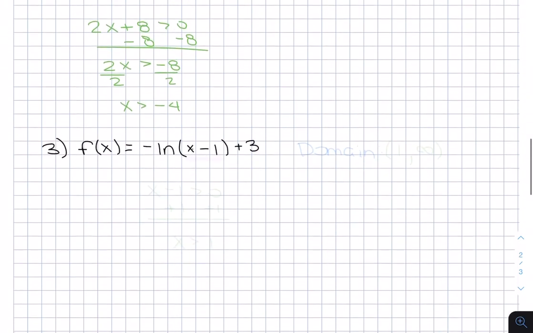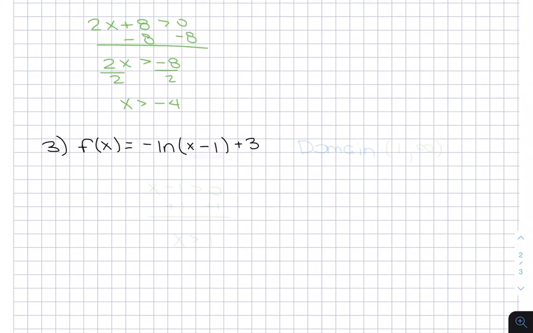Taking a look at this third example, we can again see that this has something being added to ln, and we also have a negative ln. As we talked about before, ln is just a different way of writing log, but with a base of e. So again, we don't really care about the extra things. All we're really worried about is what is inside the function.